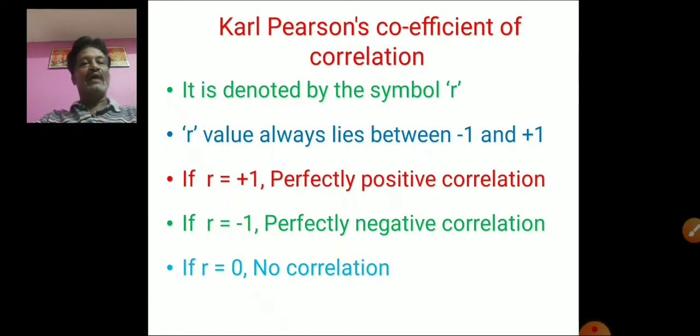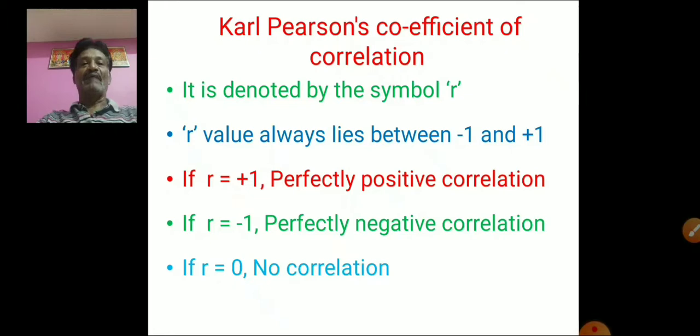Here the r value always lies between plus and minus 1. Whatever sum you take and whatever method you apply, the r value should lie between minus 1 and plus 1.